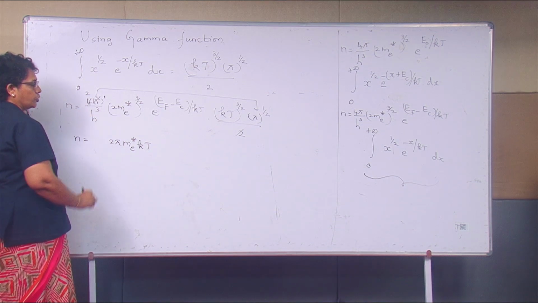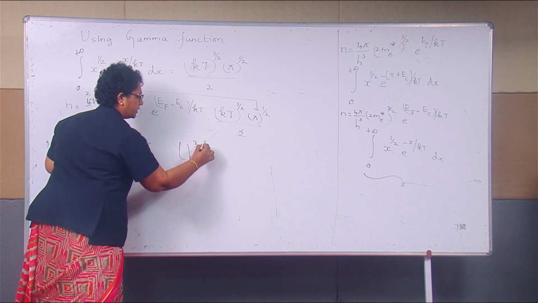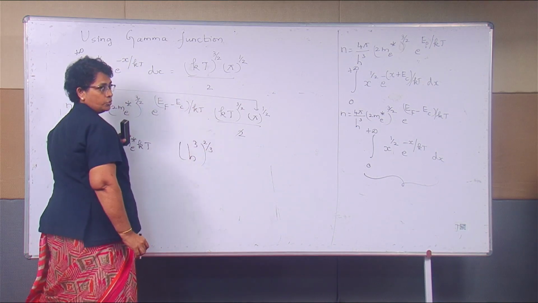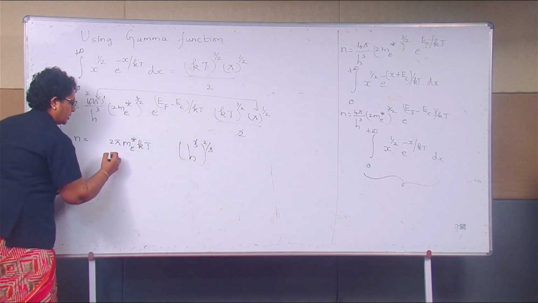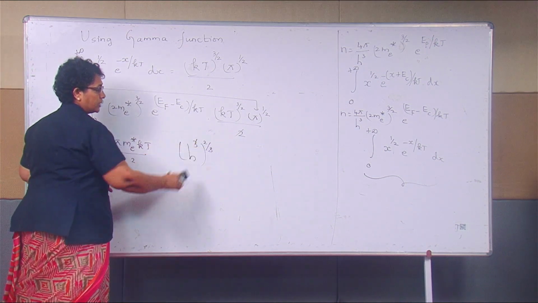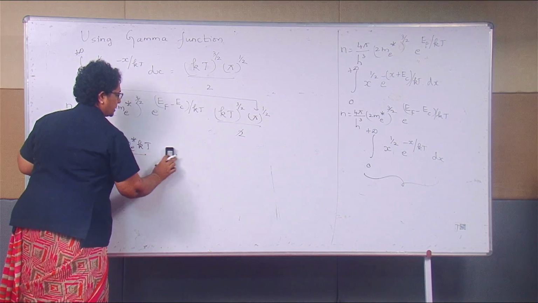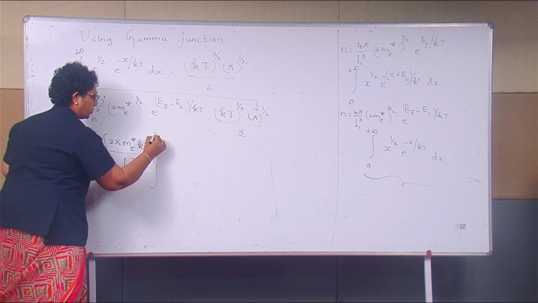Now h cube. When it is written within 3 by 2, it becomes h square. So the h square also can be taken inside the power 3 by 2.